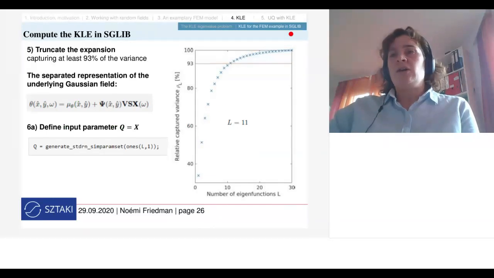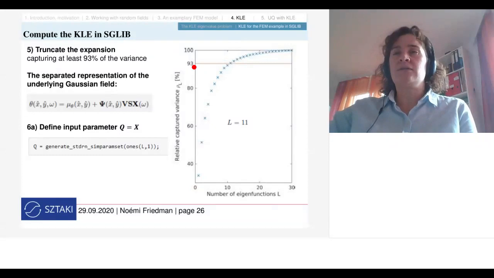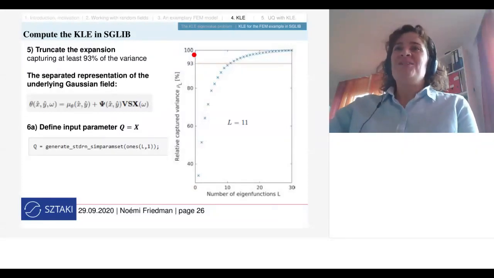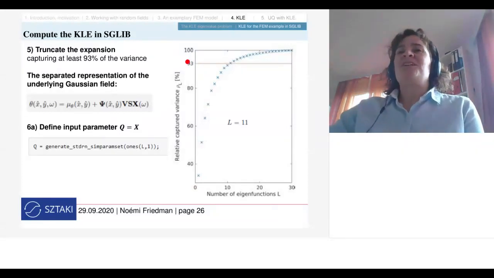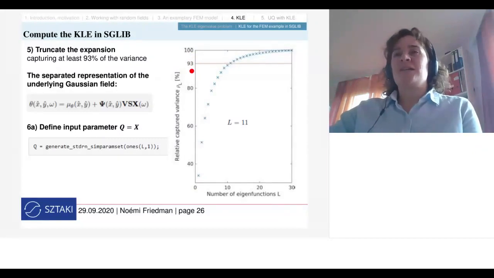You can see a plot of that in this figure, showing how the represented variance increases with different numbers of eigenfunctions involved. Now, don't ask me why I chose 93. I don't remember anymore. Probably we had a reason, but we decided to represent 93% of the variance of the field, and that required 11 eigenfunctions and 11 random variables.